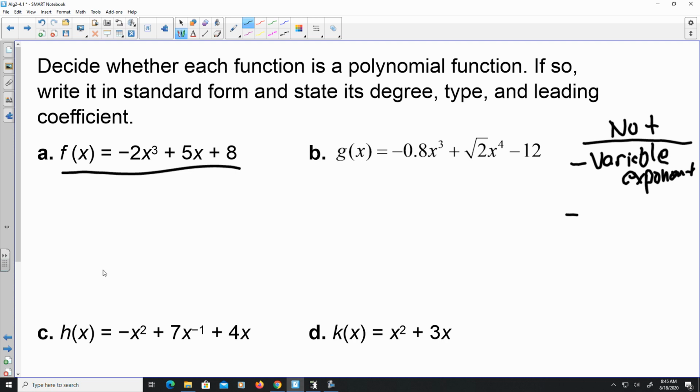Another thing that we cannot use when it comes to exponents is a fraction exponent. So it can't be raised to like the 1/2 power or 1/3 or 2/3, stuff like that. It can't be a negative exponent.